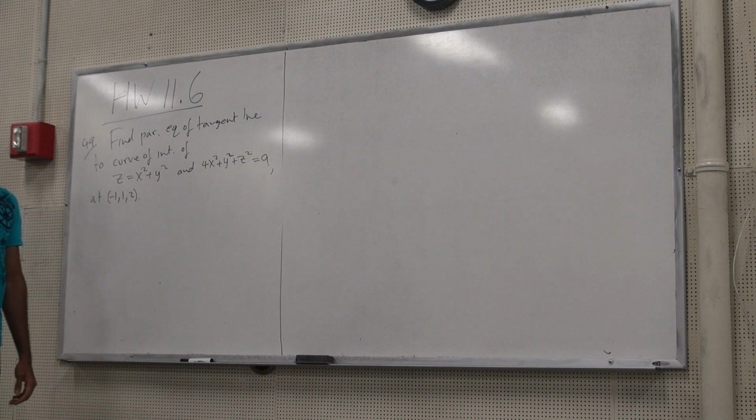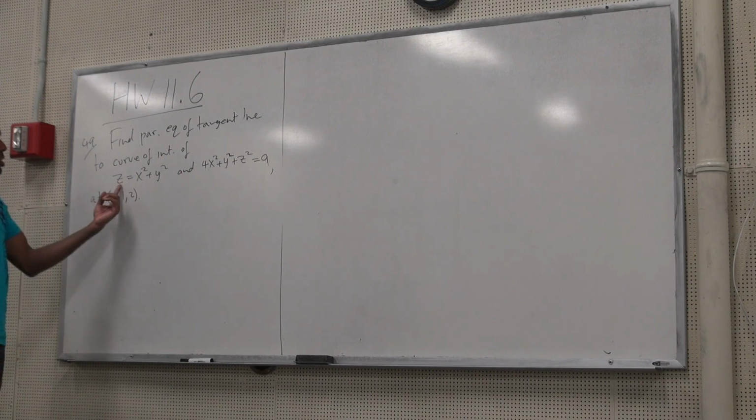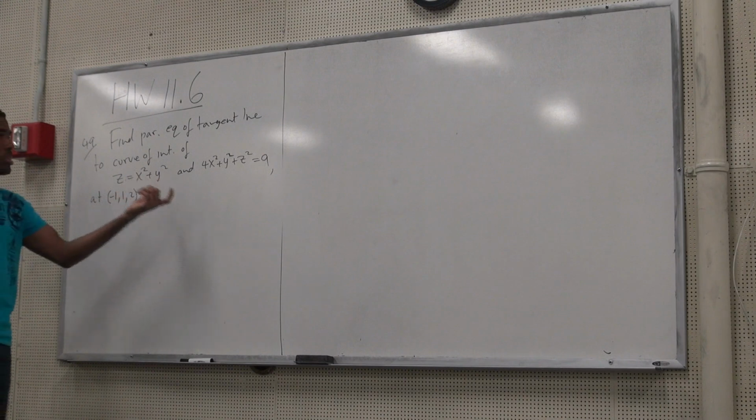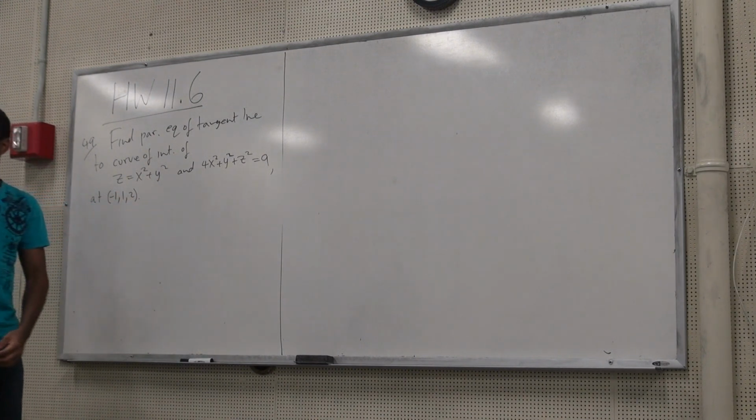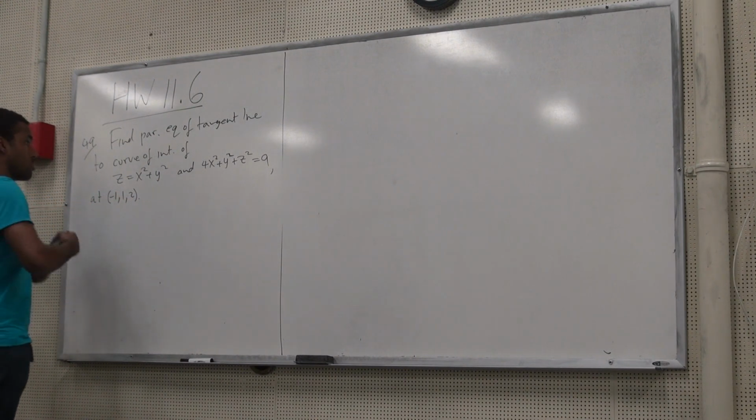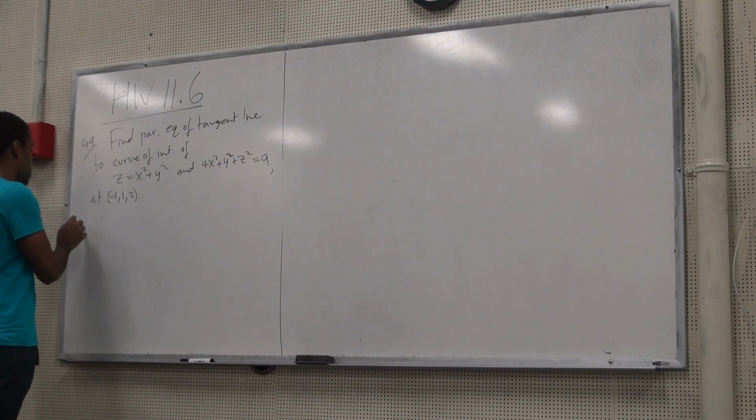I solve for z in the second equation, so I know z is equal to this, and I can just take this and plug it in here. And what happened?